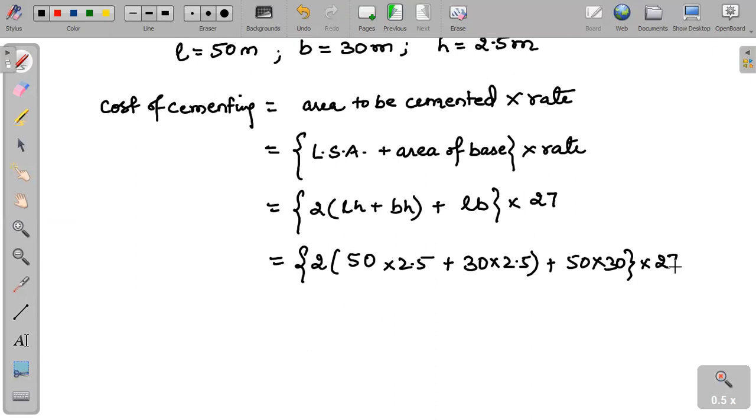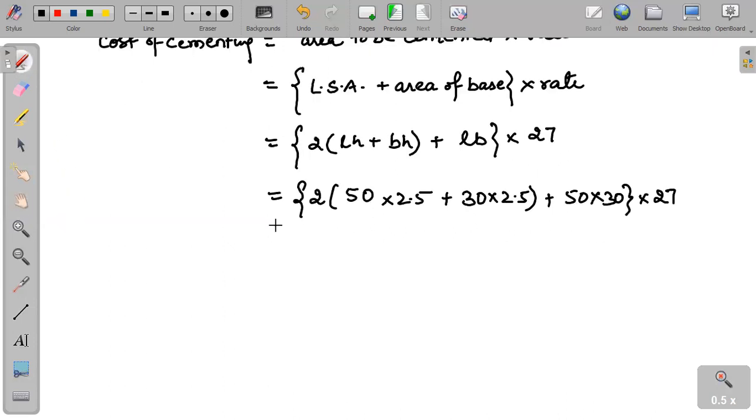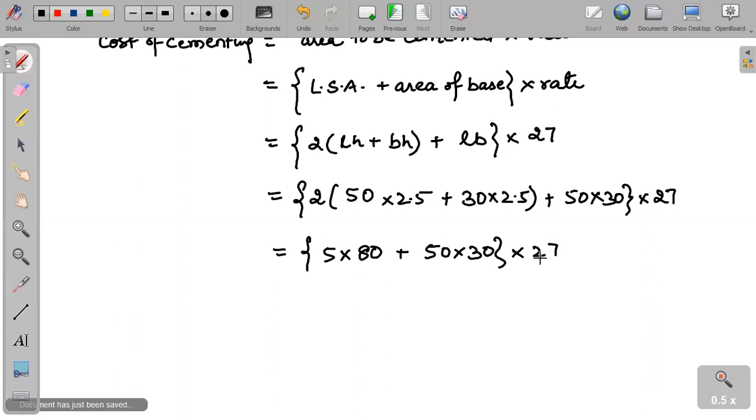For the formula, I wrote 2h in the bracket L plus B. It's the same thing. Seeing 2 into 2.5, the common factor comes out, so it will become 5 into 80, that is 50 plus 30, plus 50 into 30, into 27, the last one.